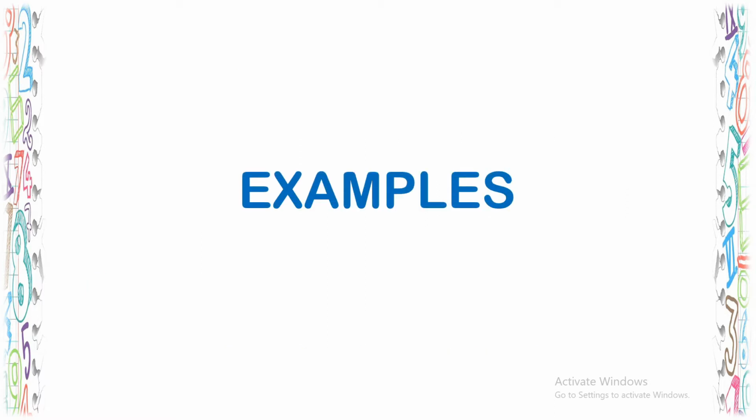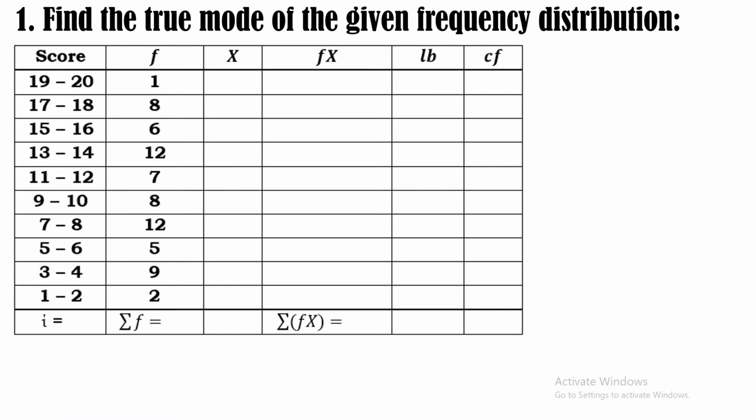Let us have examples. First, find the true mode of the given frequency distribution. As you can see here, the table is already ready with all the needed information to solve for the true mode of the given grouped data. So first, let's find the class size. What's the class size of the given data?